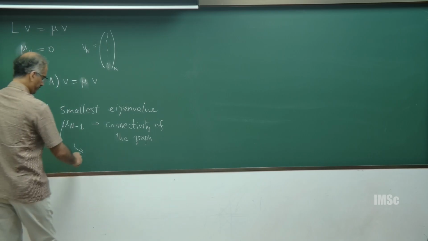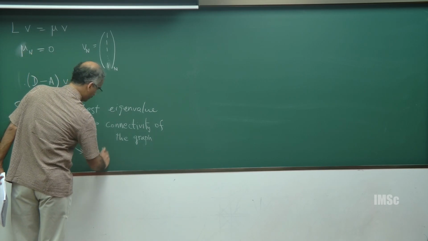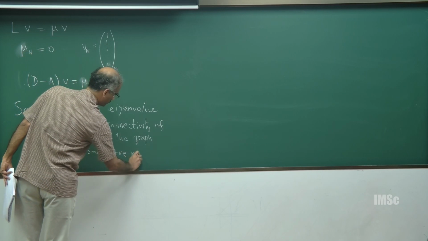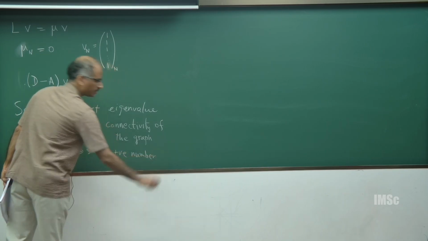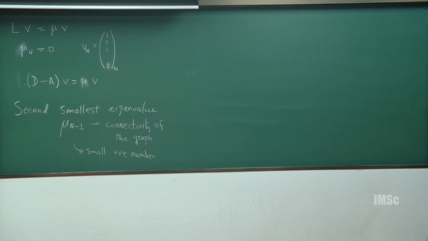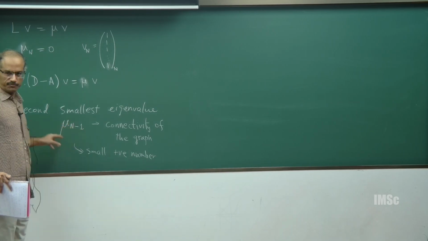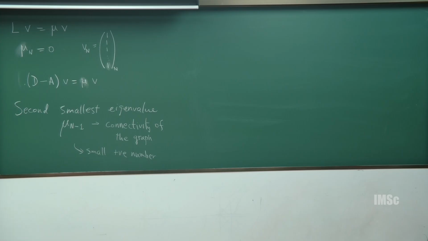If it is a small positive number, it means probably that you have two kinds of communities in your graph, which are nearly disconnected. There may just be a few connections between them. So in general, this is a measure of the connectivity in your graph.